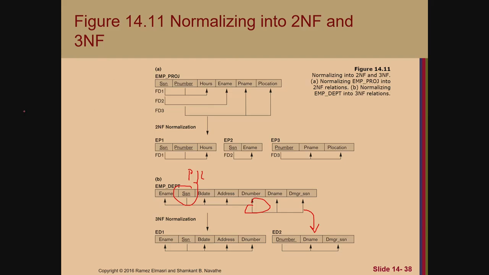But don't forget that when you separate the table using the number become the primary key here, you have to remain the foreign key in the original table. Okay, you need this one to remain the relation. Don't delete it.